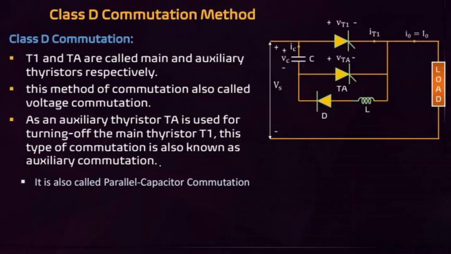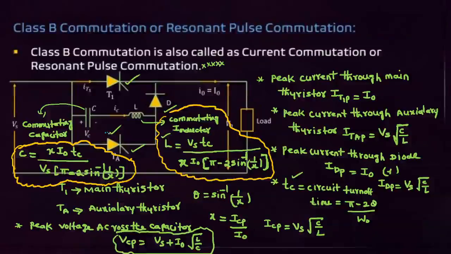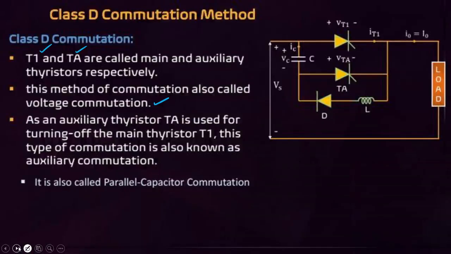The next one is the class D commutation method. Here T1 is the main thyristor and TA is the auxiliary thyristor. This method is also called voltage commutation. An auxiliary thyristor TA is used for turning off the main thyristor T1. This type is also known as auxiliary commutation.